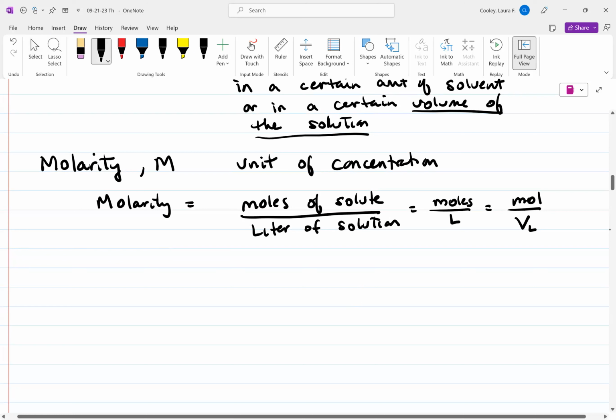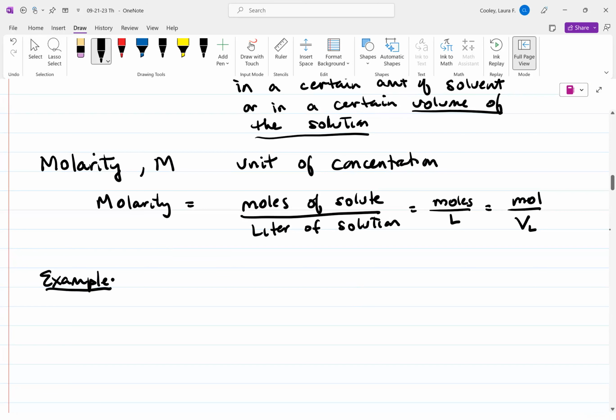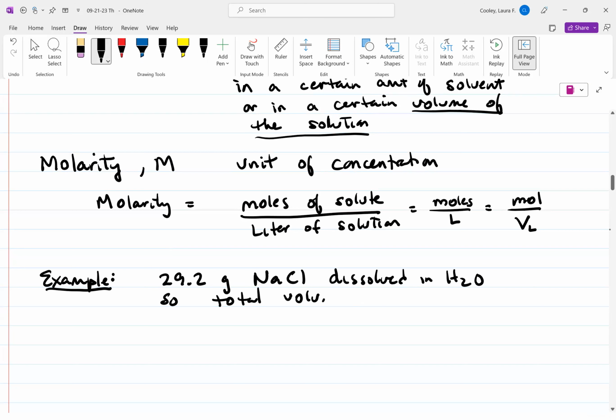Here I'm going to talk about making a solution of 29.2 grams of sodium chloride dissolved in water, so that the total volume is 2 liters.